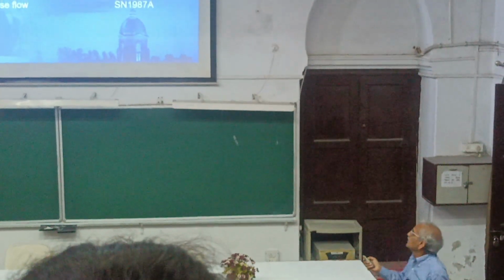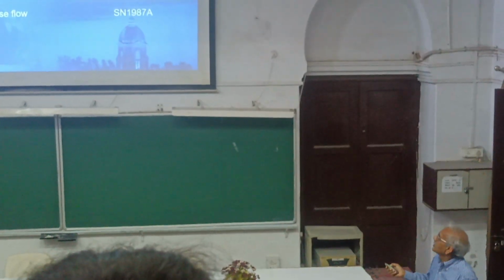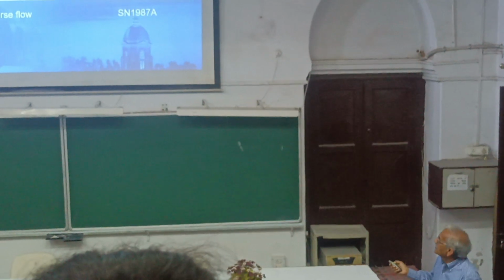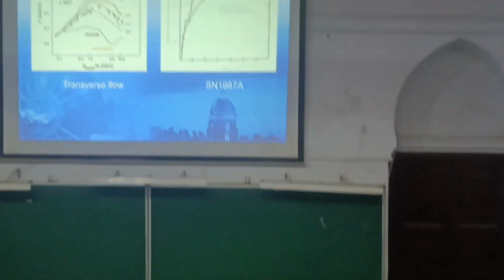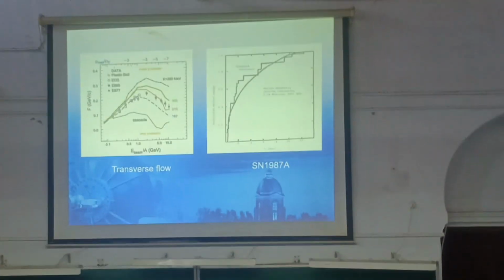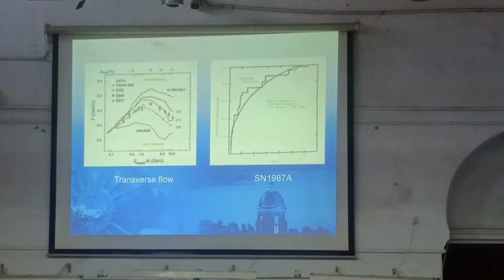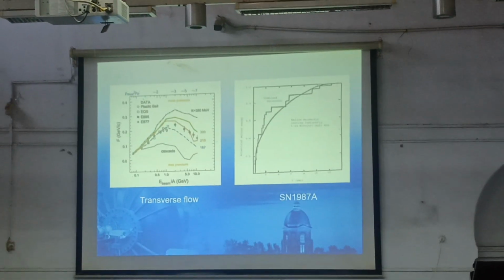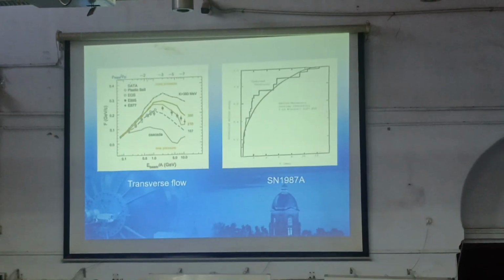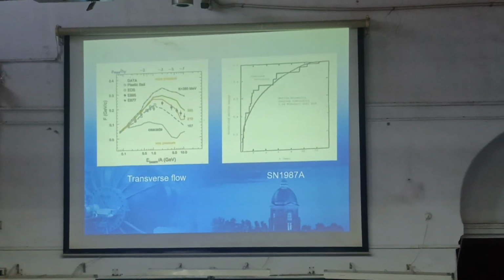These are very heavy, very high energy, heavy ion reactions. Look at the energy of the beam. It's in terms of GeV. This is a totally different reaction. I don't know how many of you know what SN 1987A was. Anybody? SN stands for supernova. 1987 means it was observed in 1987.